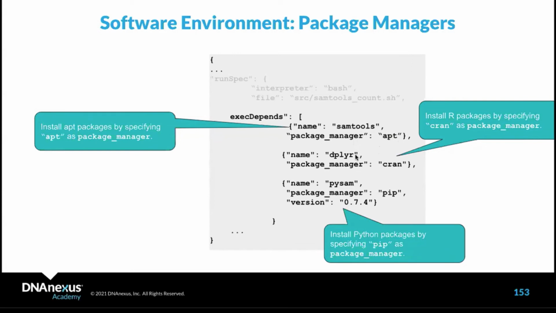But there are also other package managers available. If we have an R package we want to install, we can specify that here. So here we want to install dplyr, and we can specify the package manager is equal to cran. Finally, you can also install Python packages by specifying pip as the package manager.